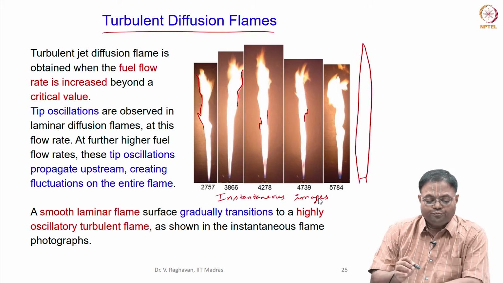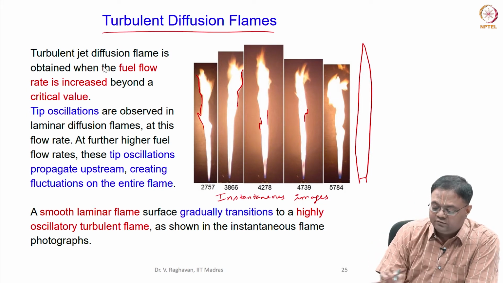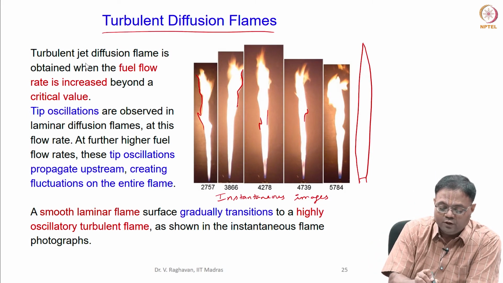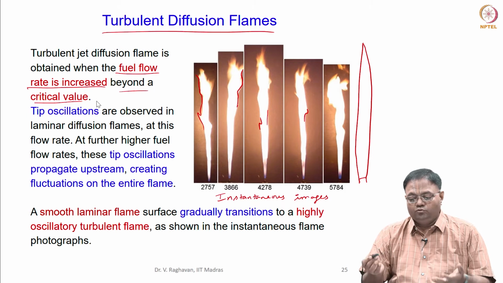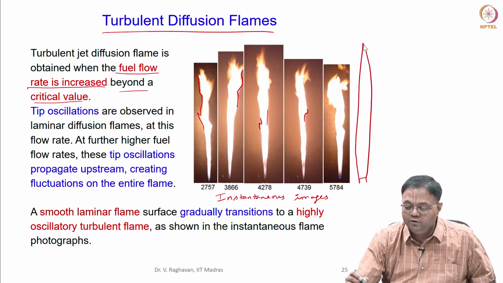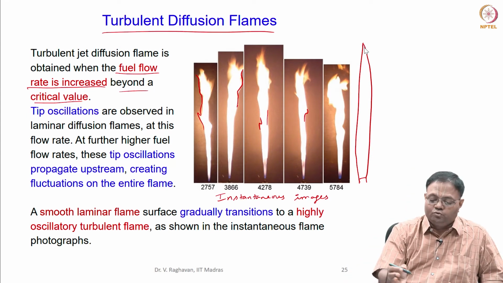This type of flame forms when the jet velocity, the fuel flow rate, is increased beyond a critical value. So, this laminar flame will transition to this.